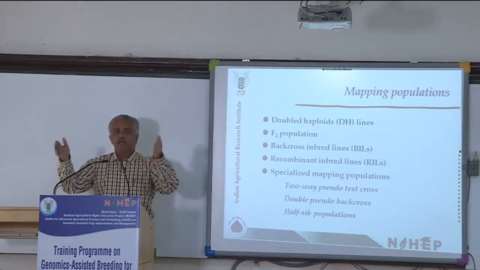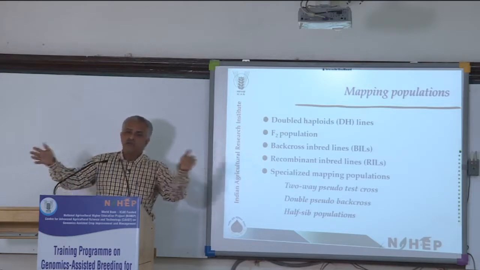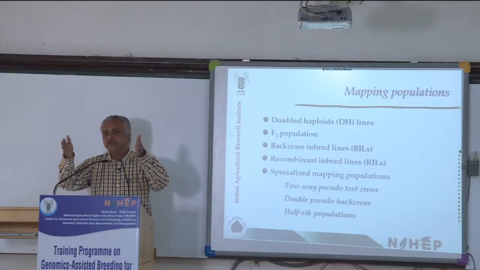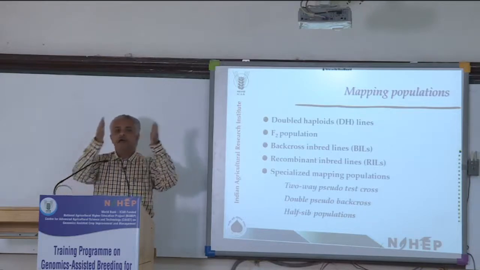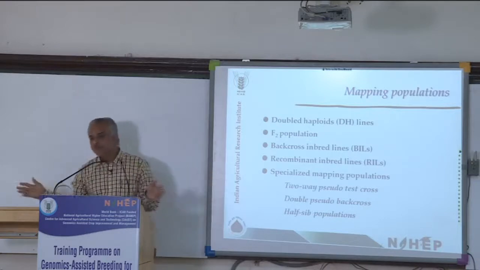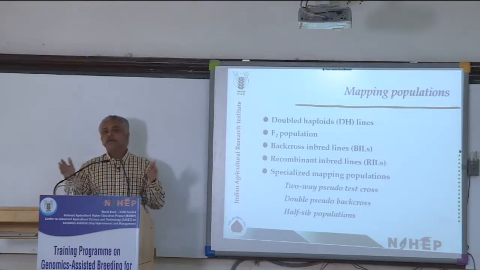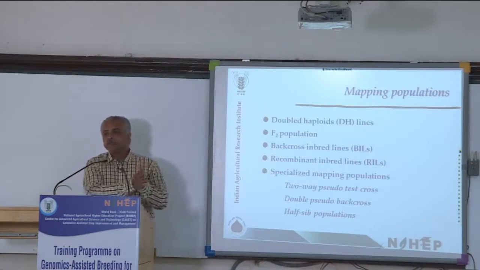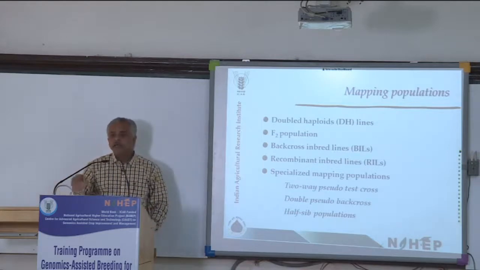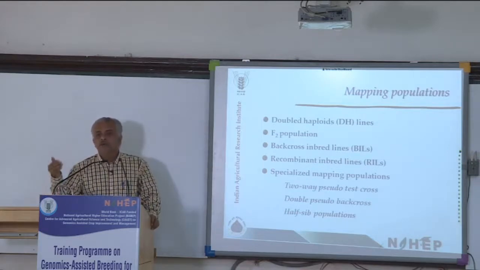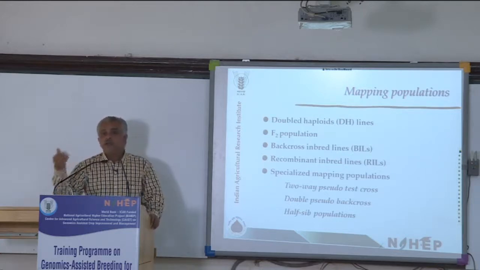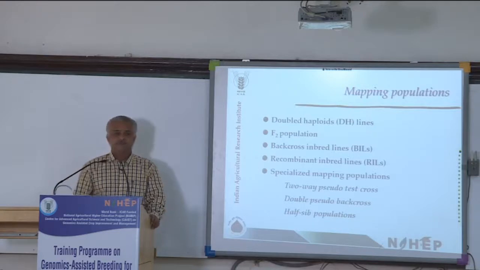If you pool all the DNA of your mapping population and check it, you will ultimately get the same pool of your parent 1 and parent 2, nothing else. There won't be any difference. That is why mapping populations are important. Once that is done, as I said, you will be able to identify the loci which are segregating between parents.